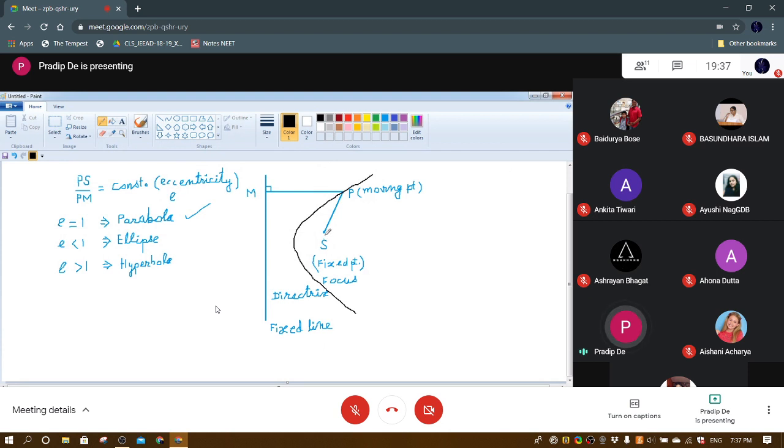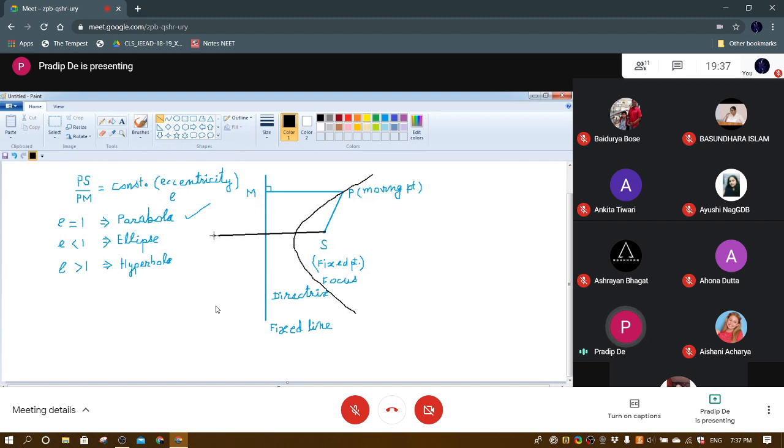When you draw a perpendicular through the fixed point S, we draw a line perpendicular to the directrix. This line will be the axis.